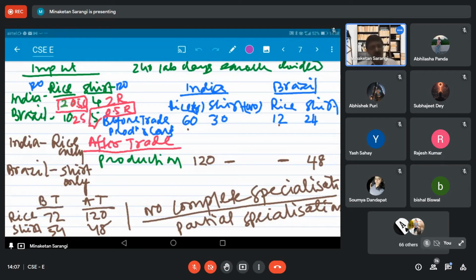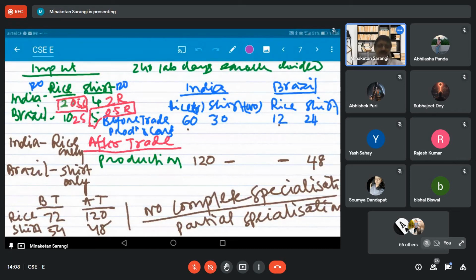So there we find out the opportunity cost per unit, and given the input, we can find it by taking the ratio of the two inputs. So for India, the opportunity cost per unit of rice is equal to 0.5 sack, 2 by 4, and the opportunity cost of sack for India is equal to 4 by 2 or 2 rice.